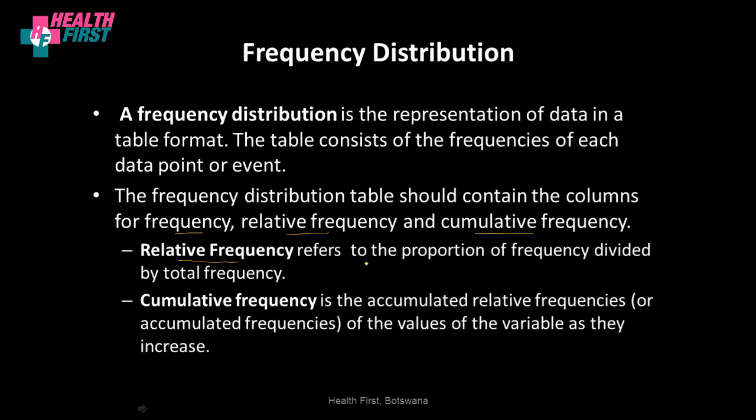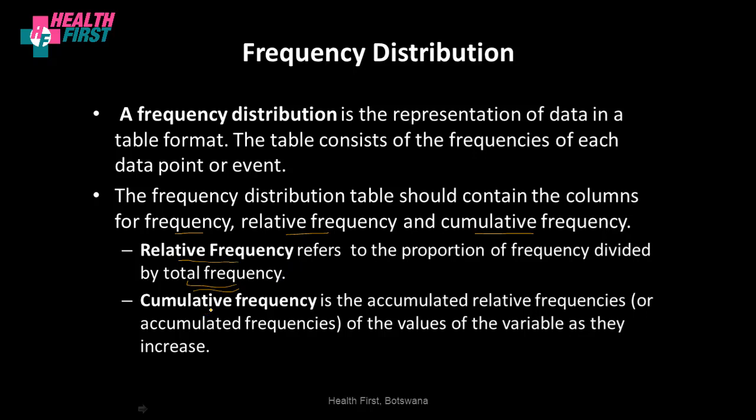Basically, with relative frequency, you are looking at the frequency of a specific category of a variable, and how that frequency relates to the total frequency. It's usually expressed either as a decimal or a percentage. We will see an example of that in the next few slides.